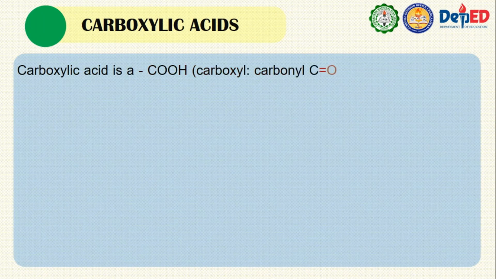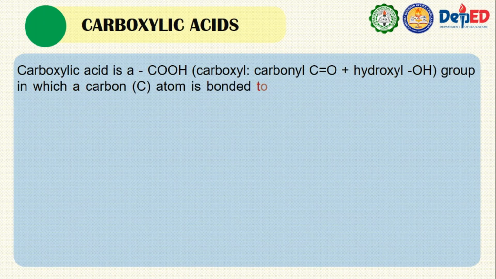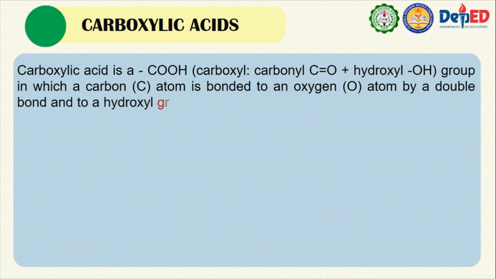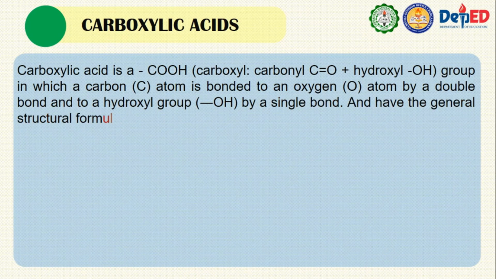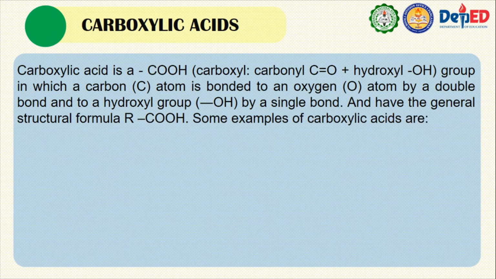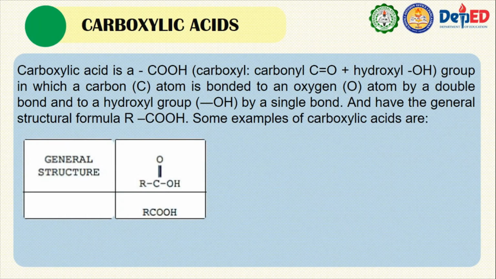Now let's have carboxylic acids. A carboxylic acid has a COOH group in which a carbon atom is bonded to an oxygen atom by a double bond and to a hydroxyl group by a single bond, and has a general structural formula RCOOH.